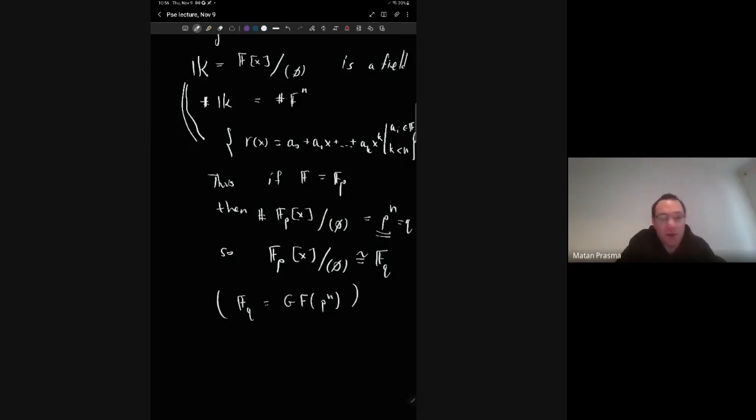But we don't know how to find prime polynomials of every given degree. I mean, there are algorithms and so on, but we haven't discussed it. It's quite involved to look at it. But what we could do is to come up with this proposition.